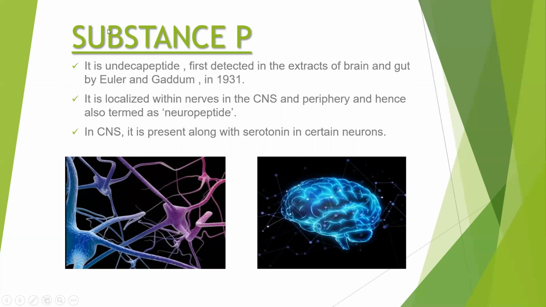Then, next point, substance P, a peptide. It is an undecapeptide first detected in extracts of brain and gut by scientists Euler and Gaddum in 1931. It is localized within nerves in the CNS and periphery, and hence also termed a neuropeptide. In the CNS, it is present along with serotonin in certain neurons.